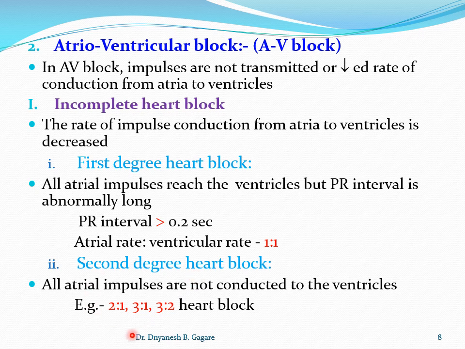So what is the meaning? For every two impulses generated on the atrial side, one impulse is transmitted to the ventricular side. For the second example, for every three atrial contractions, there is one ventricular contraction. Third example, for every three atrial contractions, two impulses pass to the ventricular side, and there are two ventricular contractions. Okay, so this is called the second degree heart block.